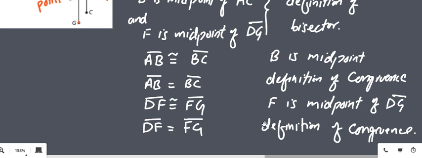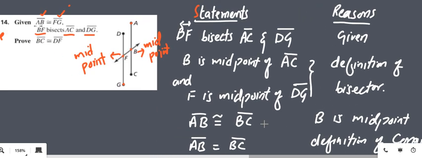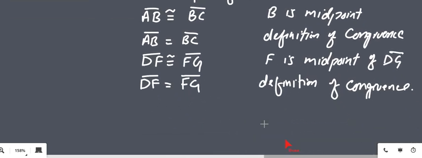Now at the same time, we are given that AB is congruent to FG. That means it is given.